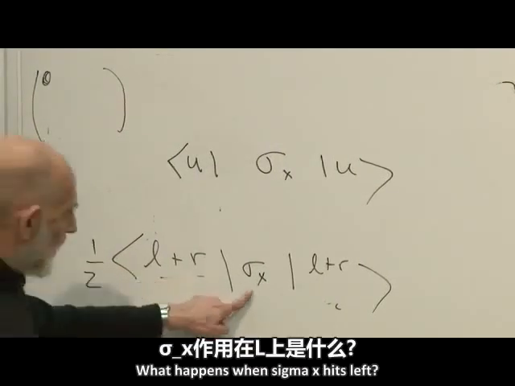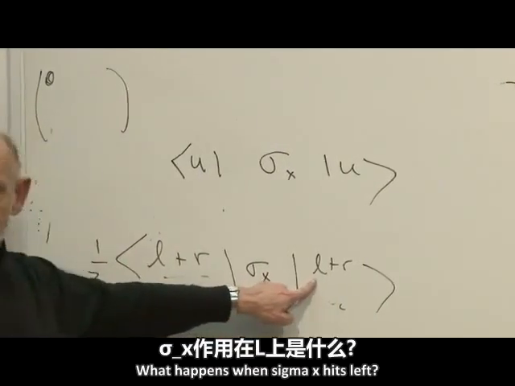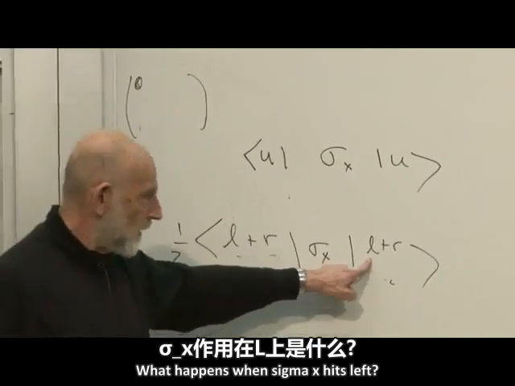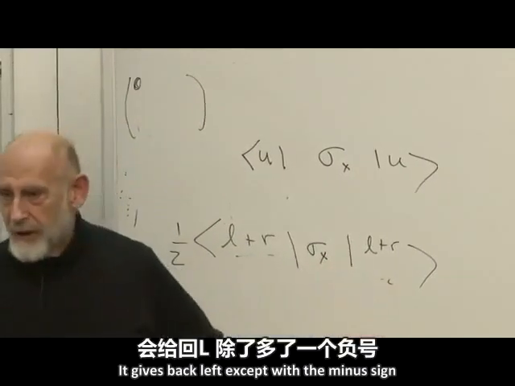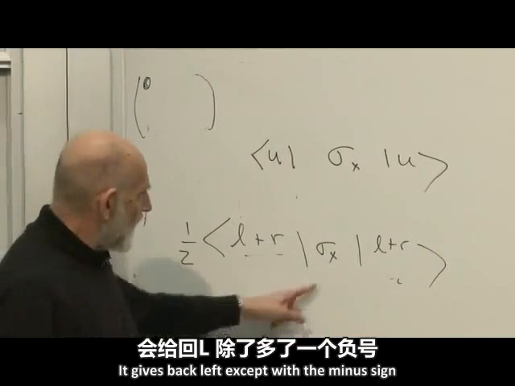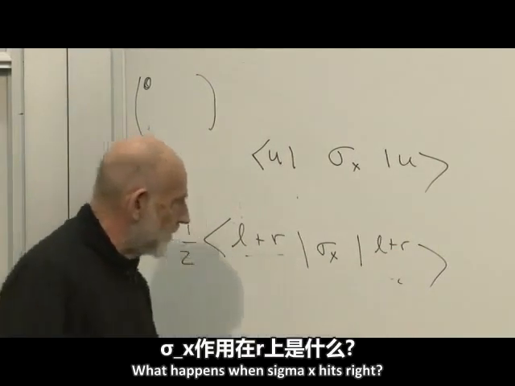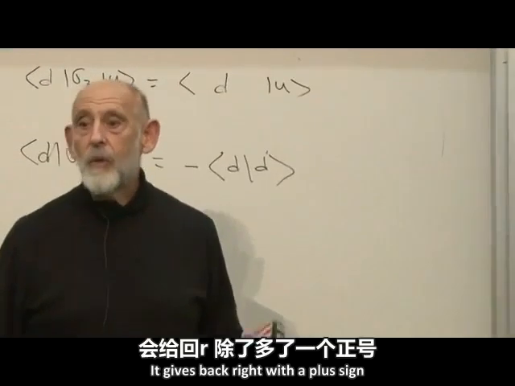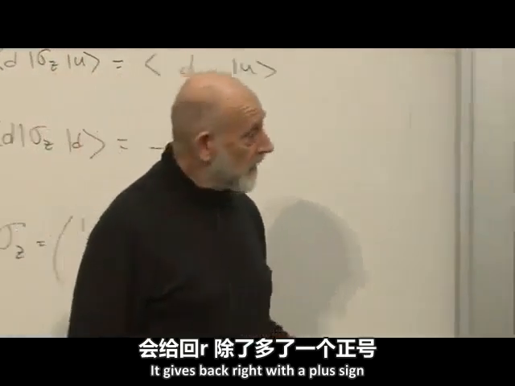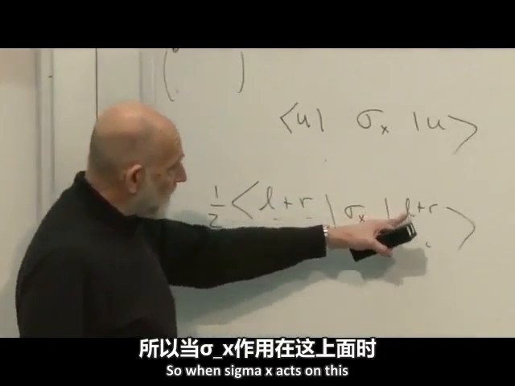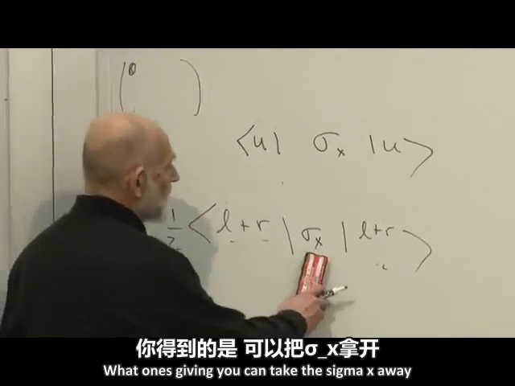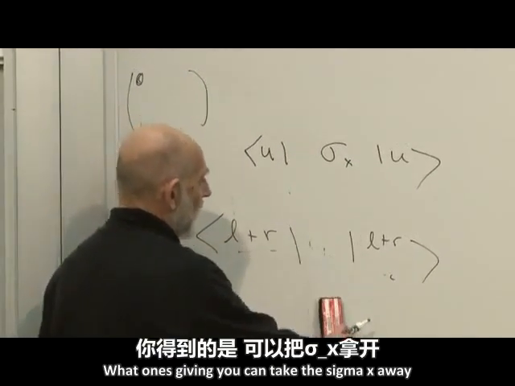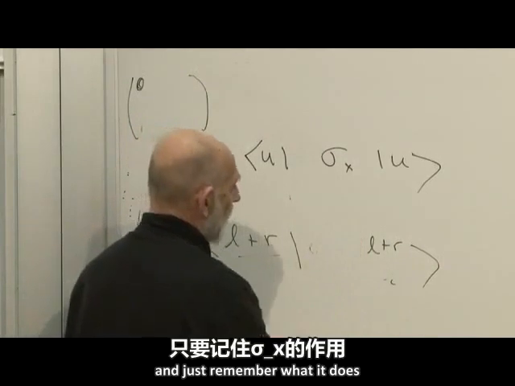And now let's look at this. What happens when sigma x hits left? It gives back left except with a minus sign. Right? What happens when sigma x hits right? It gives back right with a plus sign. So when sigma x acts on this, you can take the sigma x away and just remember what it does.